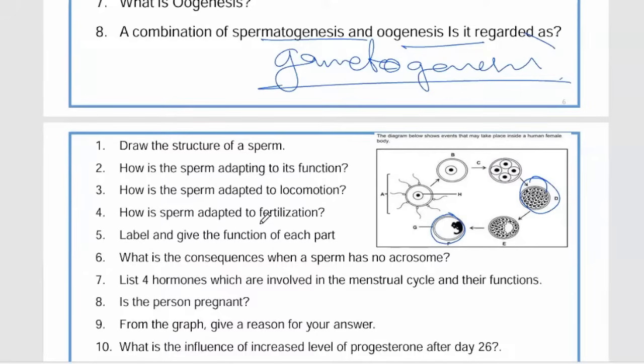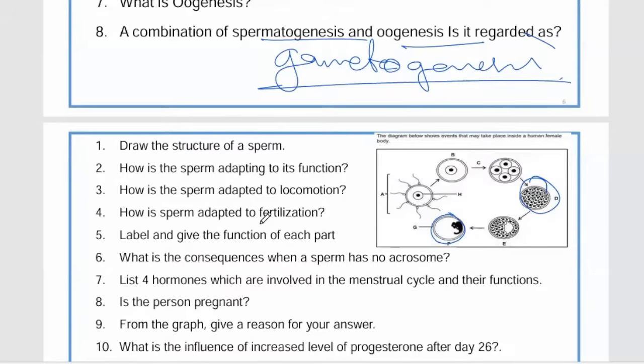Then talk about the head, which has the acrosome, which contains the enzymes which digest the membrane of the ovum. Please take note of this. It is not the acrosome which digests the membrane of the ovum. It is the enzymes which are found in the acrosome.